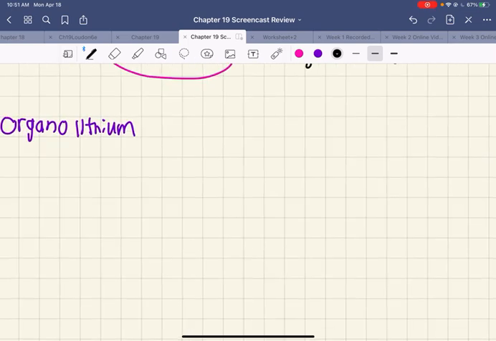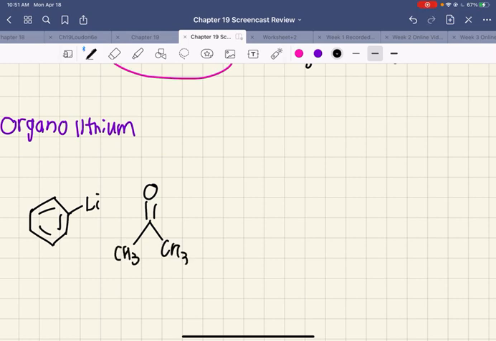Here we can use a similar structure. Lithium, it's very similar to the Grignard reagent, that's why they're grouped together. And here we can have just a ketone. CH3, CH3.